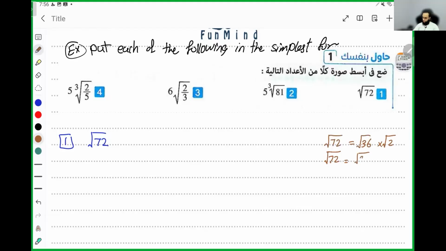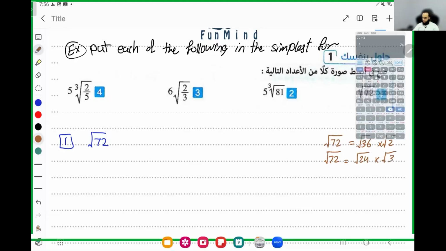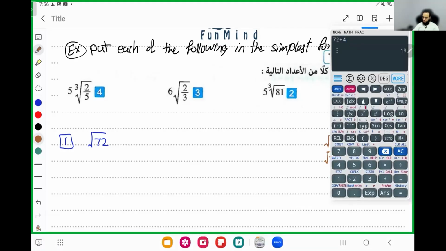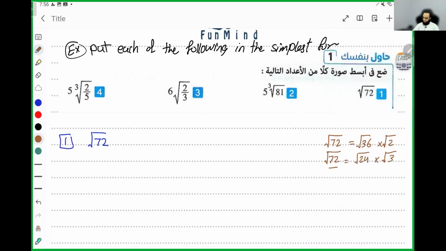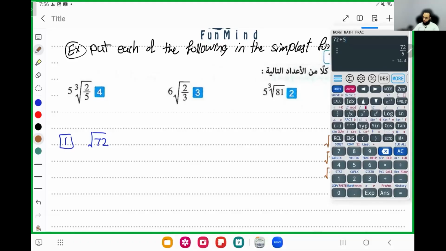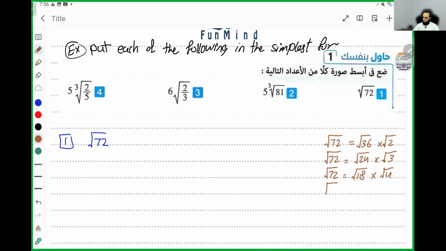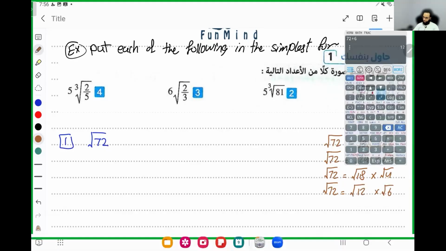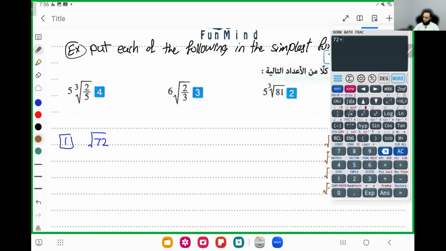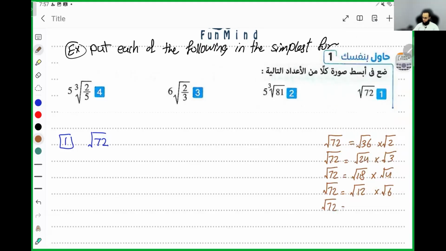Then you can do it as root 24 times root 3. Divided by 4, it's 18. So you can do it as root 18 times root 4. Divided by 5 doesn't work. Divided by 6 is 12. So you can do it as root 12 times root 6. Divided by 7, no. Divided by 8, yes, it's 9 times 8. So root 72 equals root 9 times root 8.